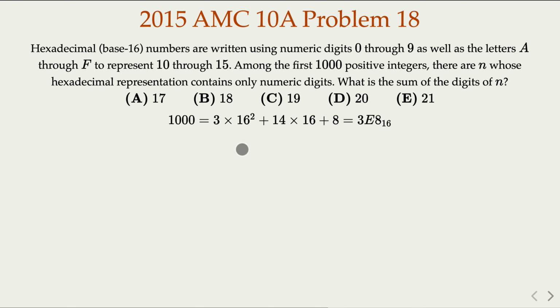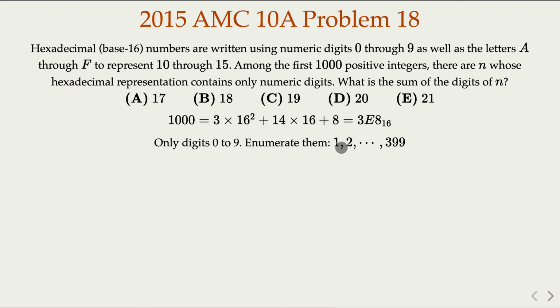It's going to count from 1, probably: 1, 2, 3, up to 399 in hex, because you cannot have A through F. So in base 16, those numbers are from 1, 2, up to 399.